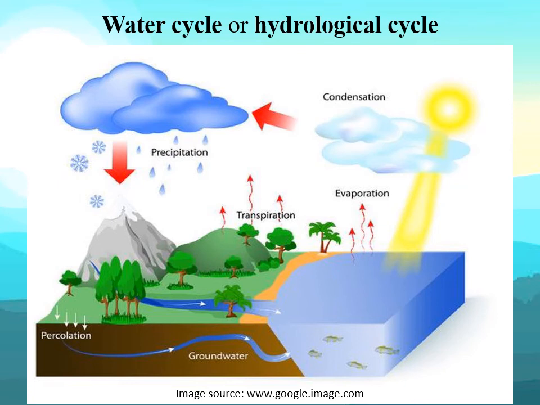We may find different forms of H2O in different areas, and due to this intaking and releasing of solar energy, the processes are different in different areas.